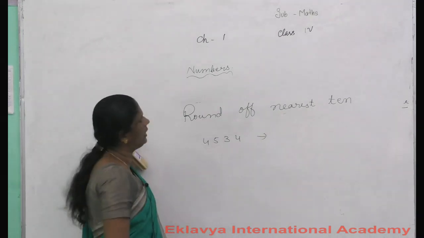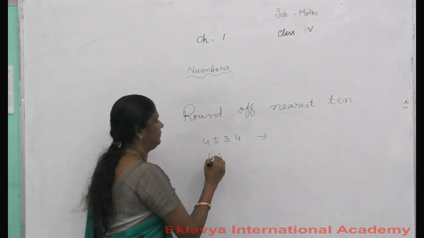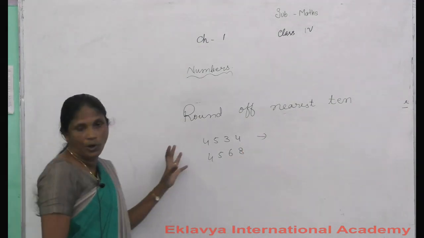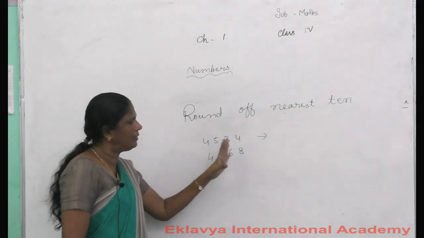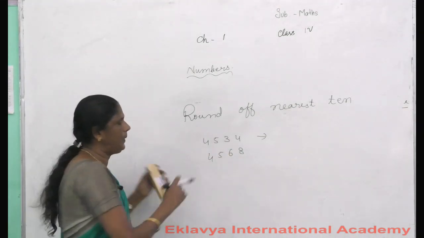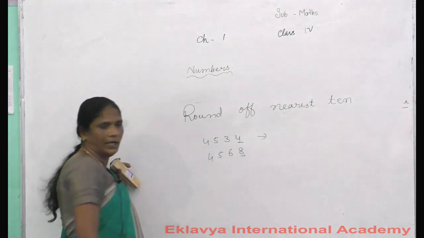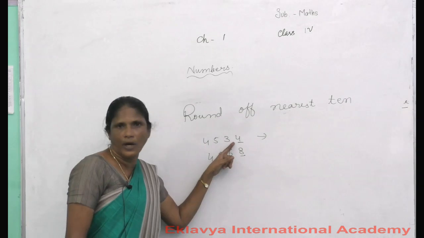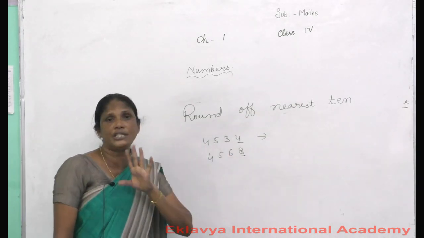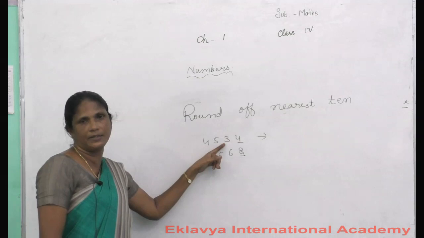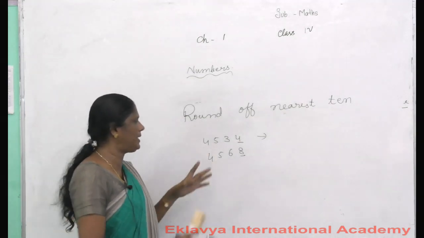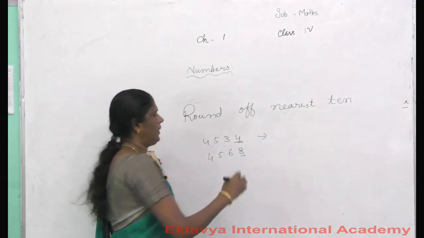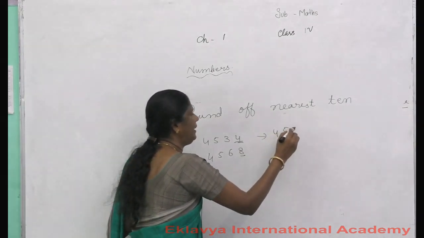If 0, 1, 2, 3, 4 come in the ones place, there is no change in the tens place. Here which digit comes in the ones place? 4. We write 4, 5, 3, 0.